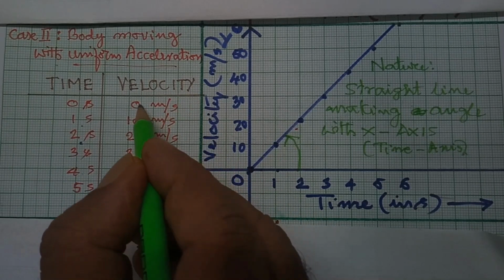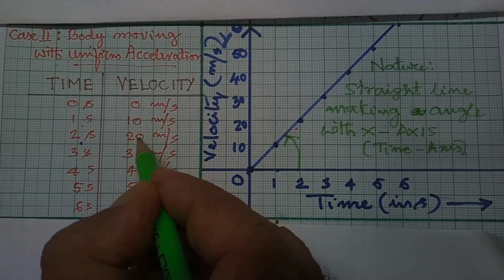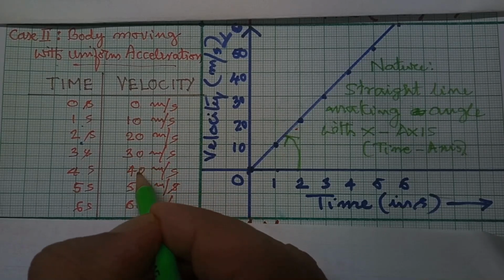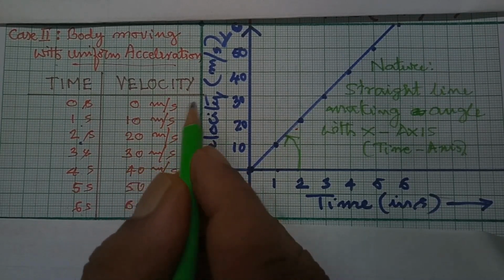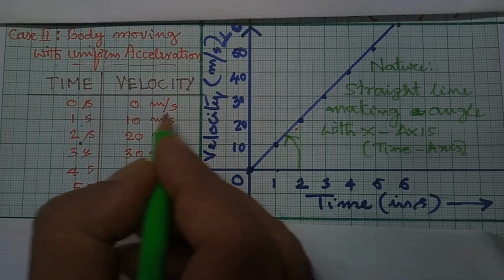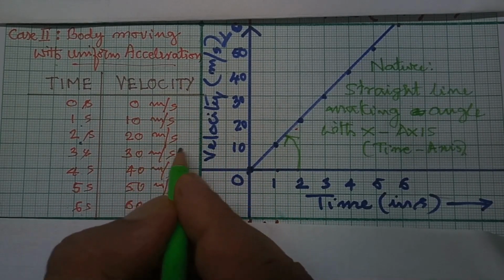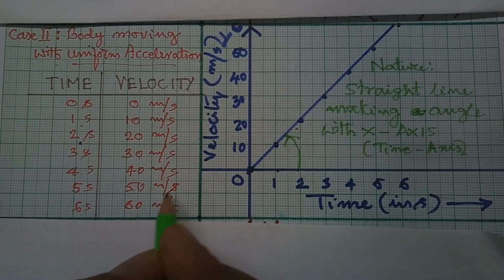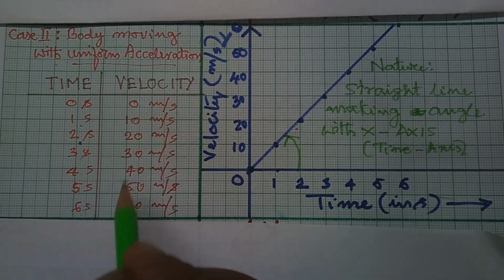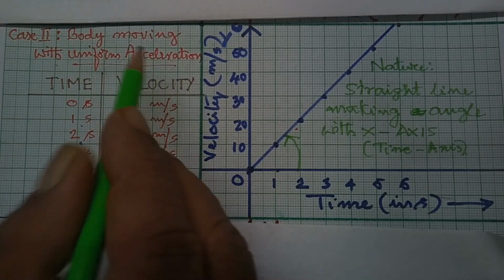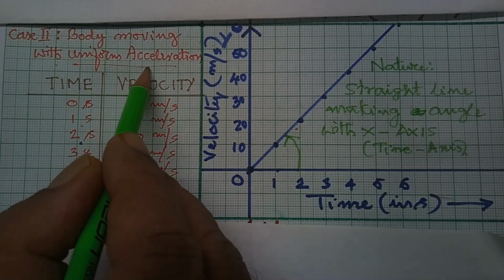How? 0 to 10, 10 to 20, 20 to 30, 30 to 40, 40 to 50, 50 to 60. If you observe carefully, every time it is increasing by 10 meter per second. Therefore, we call it a body moving with uniform acceleration.